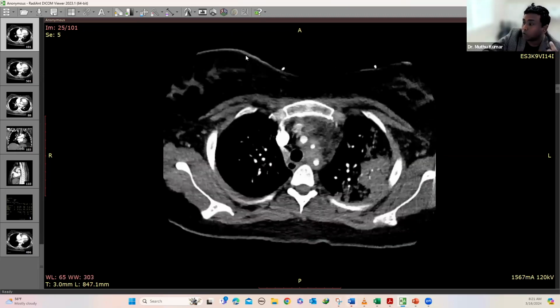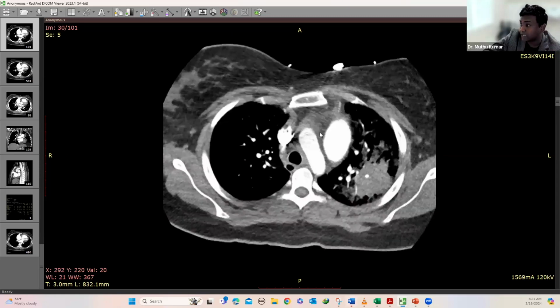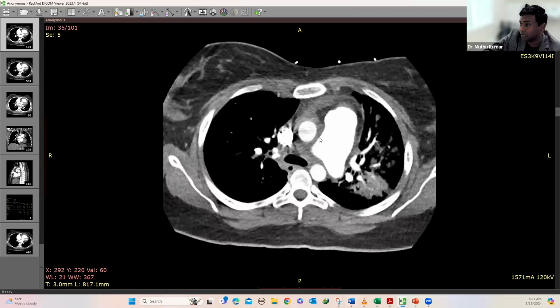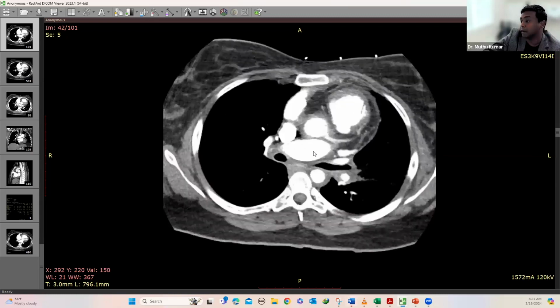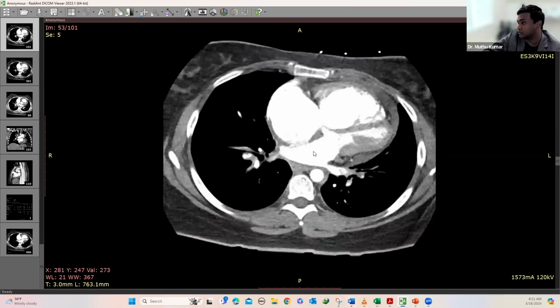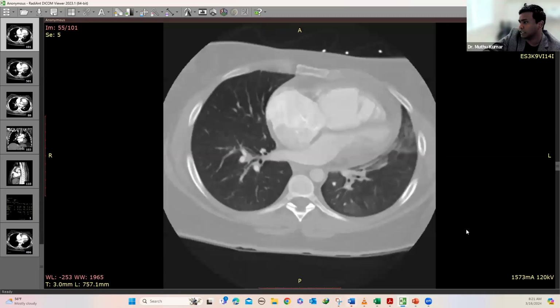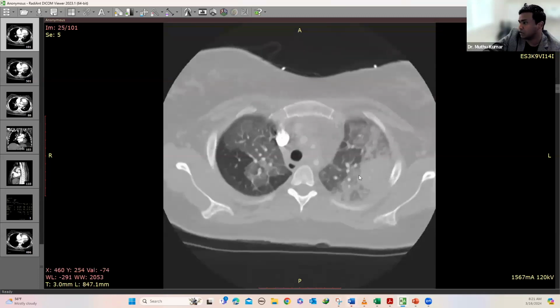Vessel wall thickening, vessel wall narrowing, an enlarged main pulmonary artery, and stricture or narrowing of the bilateral main pulmonary arteries. And then in the lung parenchyma, mass-like consolidation with surrounding ground glass and interlobular septal thickening.